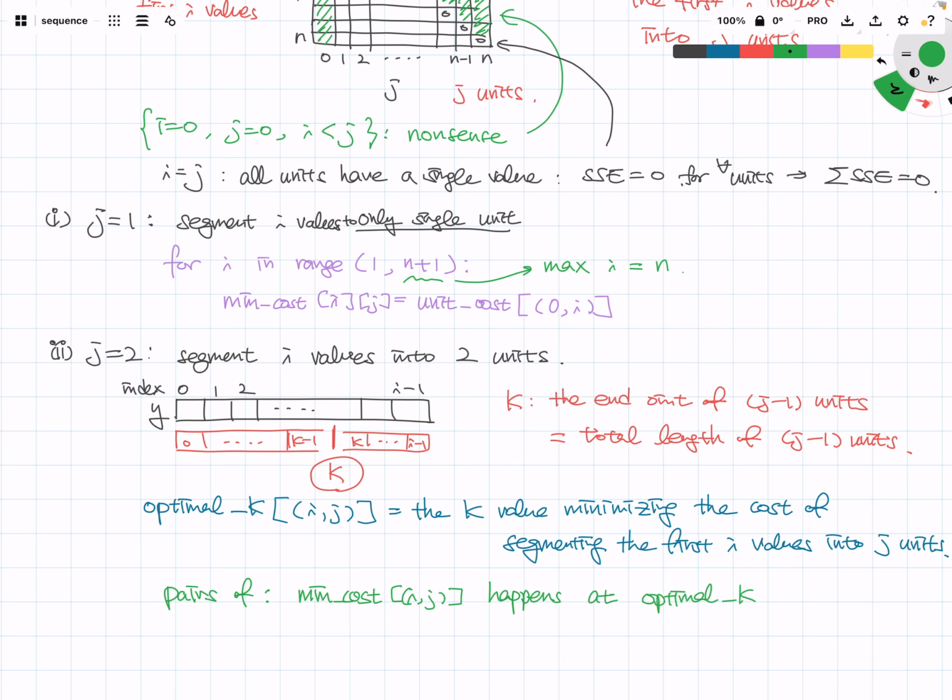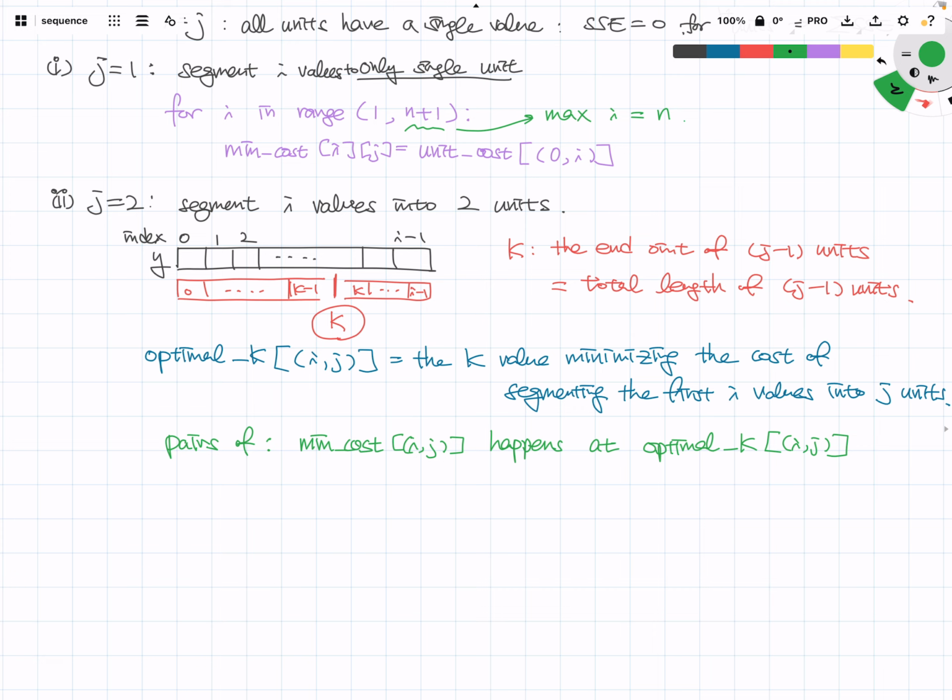So it's like an argument minimum. There's a pair. So they are corresponding to each other. So let's think about this j equal 2 specific case, then we can make a code.